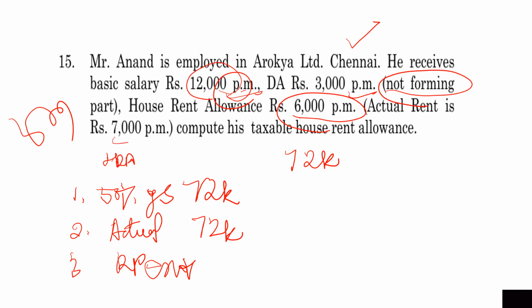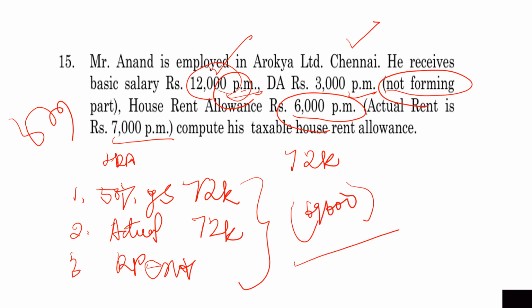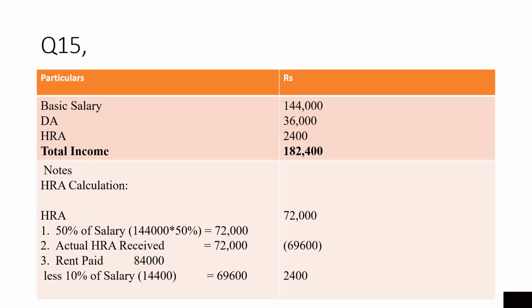Rent paid 7,000 into 12, adala minus 10% of salary. 10% of 1,44,000. 1,44,000 எப்படி வந்துச்சு? Which is 12,000 into 12. So the least will be taken into account. In the மூணுத்துல least வந்து 69,600. So idilla you deduct it, balance irukka amount தான் taxable. This is also detailed answer I have given. Calculation also work out பண்ணிருக்கேன்.